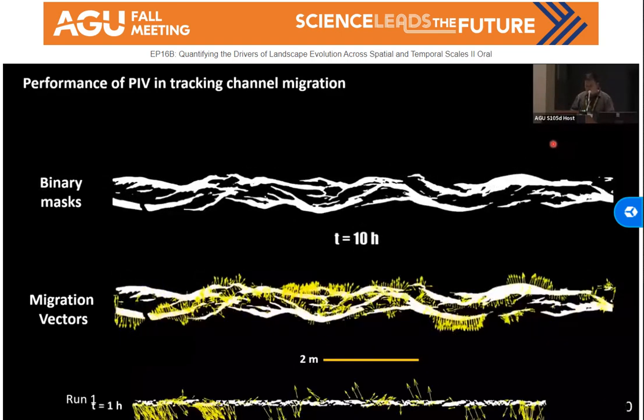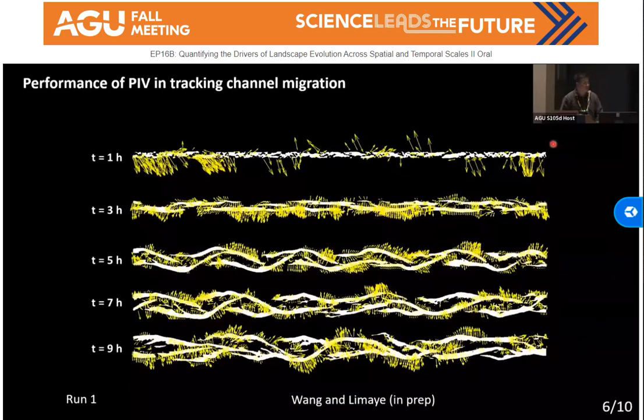Here I summarize the vectors. You can see that many of the vectors seem to cluster at curvatures. Then it's natural to speculate whether curvature also plays a very important role, like in meandering river migration.